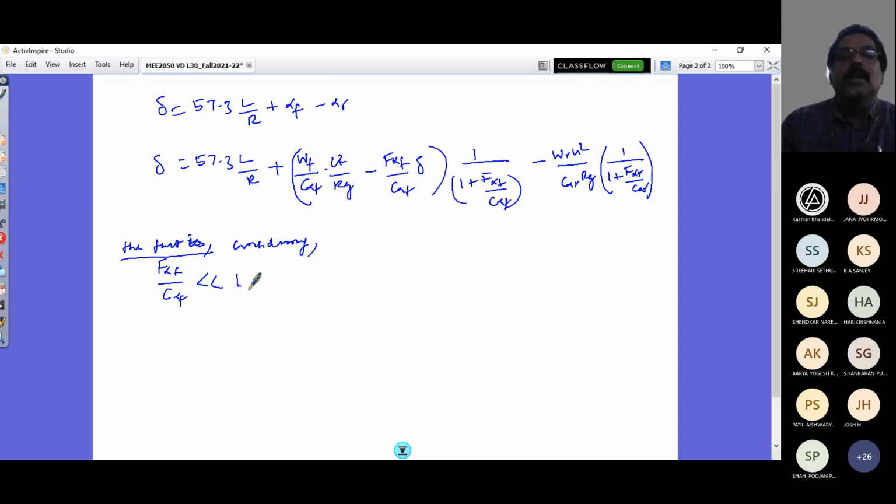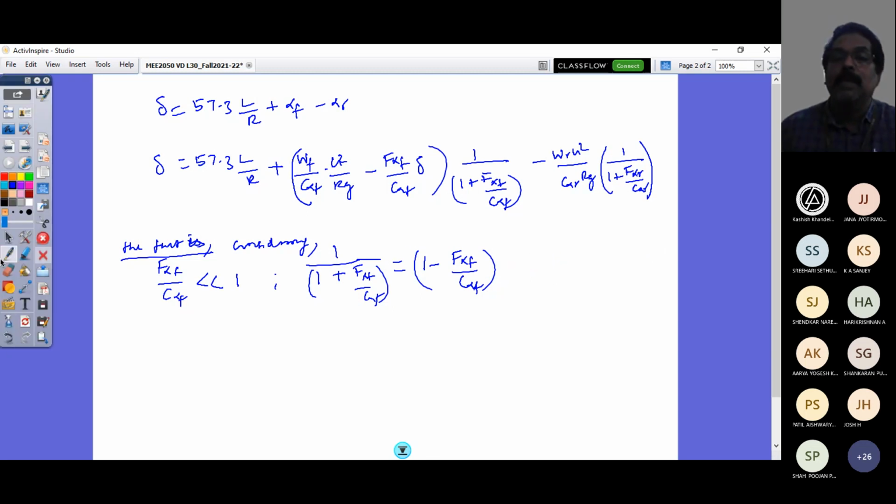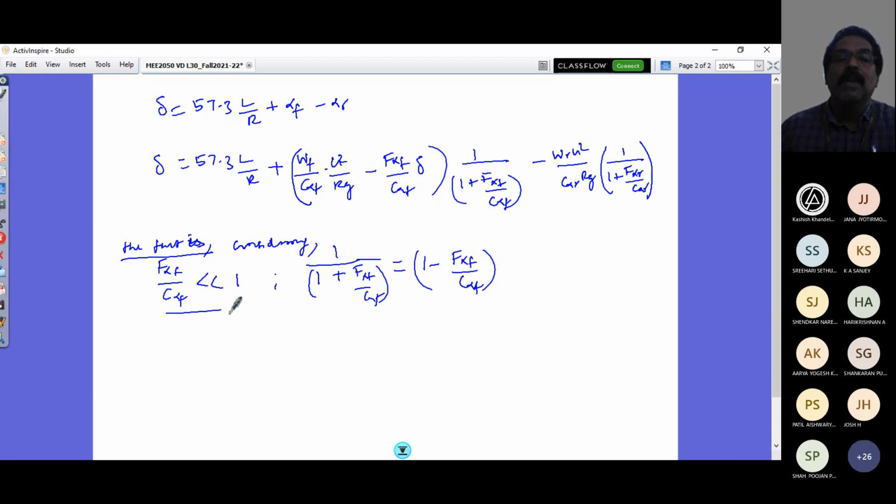Then if this is accounted, I can write this 1 by 1 plus FXF by C alpha F term as 1 minus FXF by C alpha F, by the geometric series. In our mathematics, we have studied that 1 by 1 plus x can be written as 1 minus x plus x squared, minus x cube and so on. That series is there, so I am removing the higher terms.